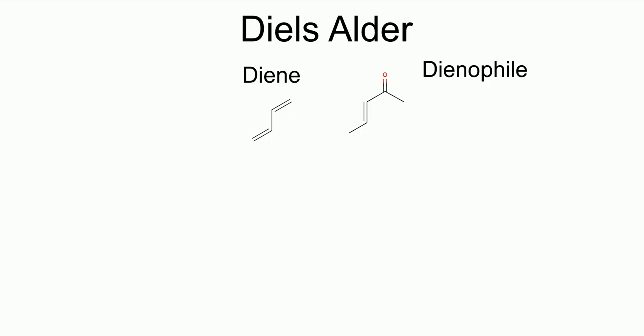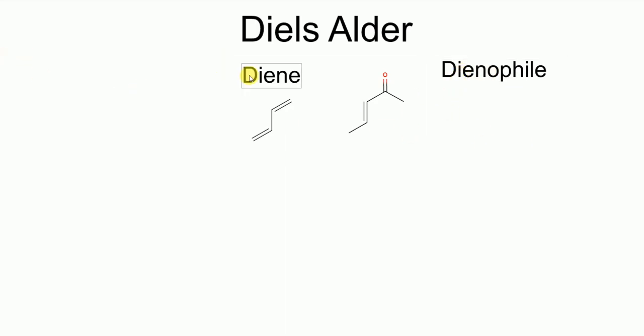Okay, so diene, right? It's in the name. Dienophile has to have at least one double bond conjugated with what we call a withdrawing group. Okay, it can be any withdrawing group. It does not have to be a carbonyl. So I'll show you some other examples of other withdrawing groups, and this will be a very important concept for test 2. But at the moment, just focus on this.